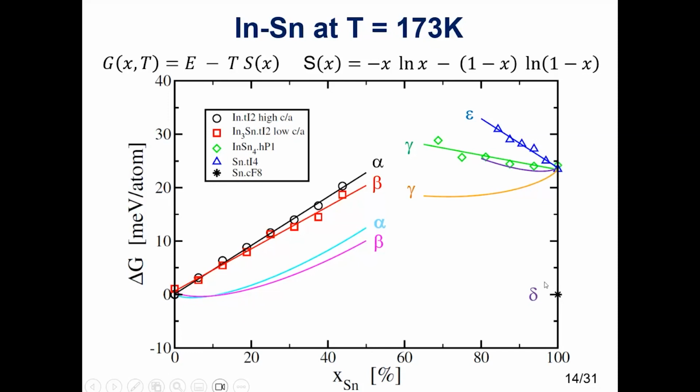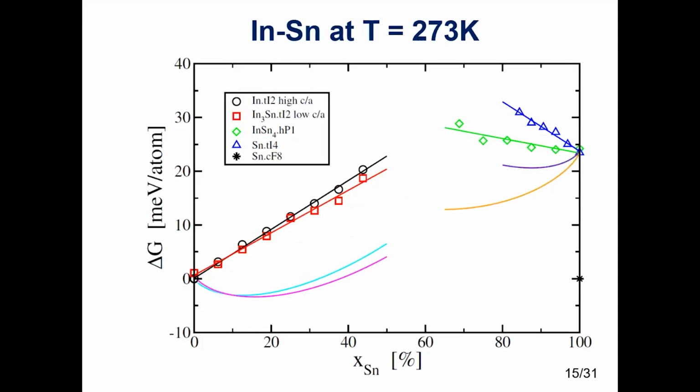So that's 173 Kelvin, minus 100 centigrade. Here is 0 centigrade. And here you see even more dramatically that the blue and pink have fallen below this line. So certainly some of the blue will lie on the convex hull and some of the pink will lie on the convex hull.